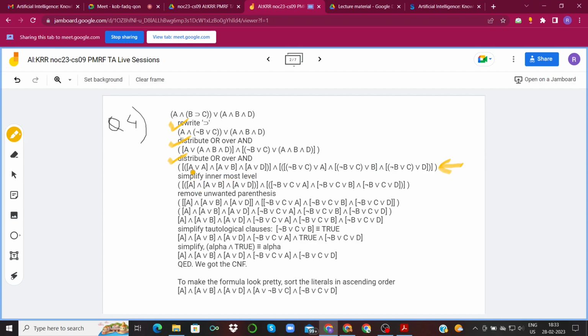So basically this A or A becomes simply just A. You have A and A or B and A or D, and on the other hand you have not P or C or A. You open this particular black bracket. Similarly you do it for this one, not P or C or B and not P or C or D. Okay, so we have done this step as well, and now we are in this particular state.